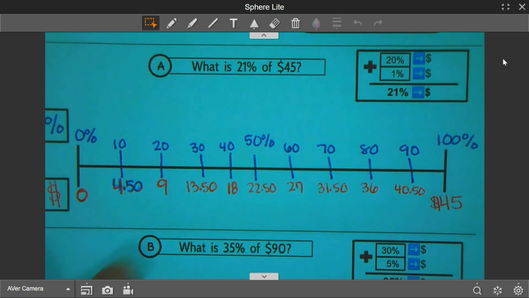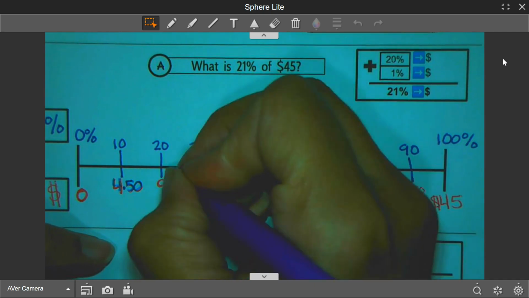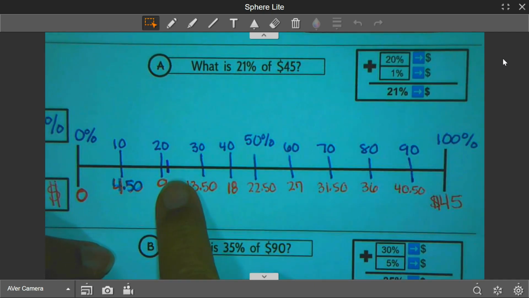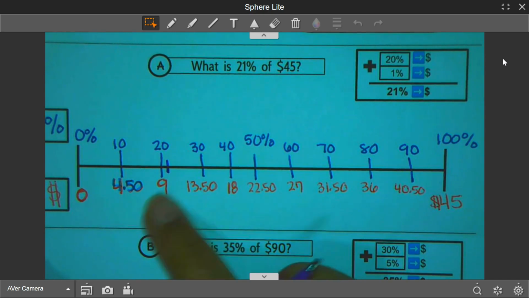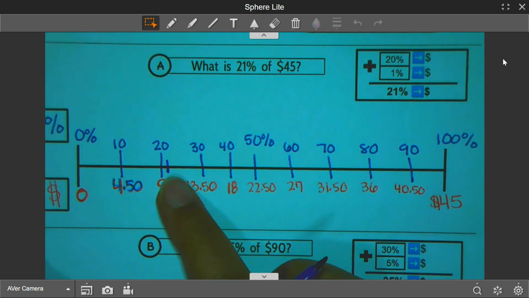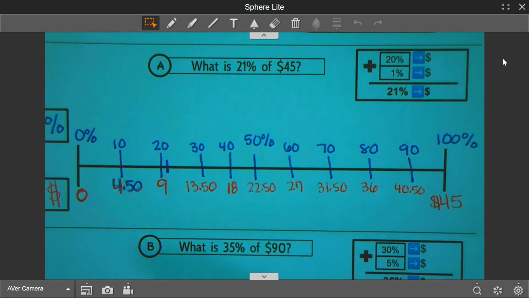All right, so I need 21%. Well, 21% is going to be somewhere here, very close to $9. It's for sure more than $9, definitely less than $13.50. But I want to be exact. So I'm going to use 2 of these.